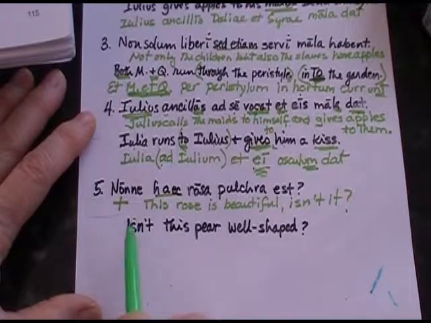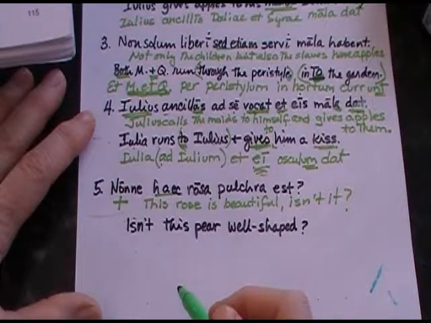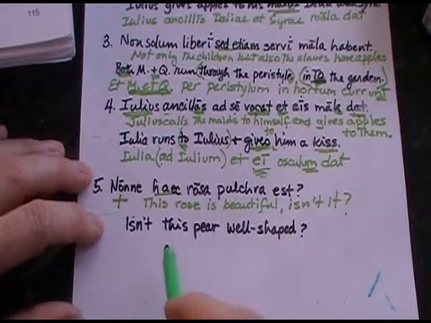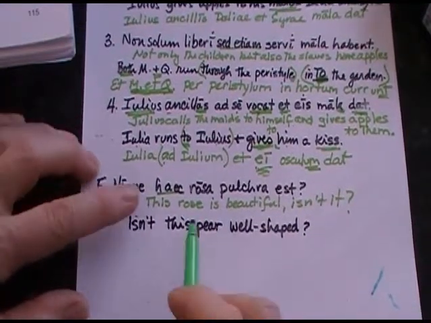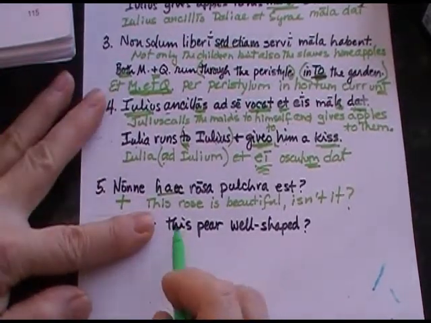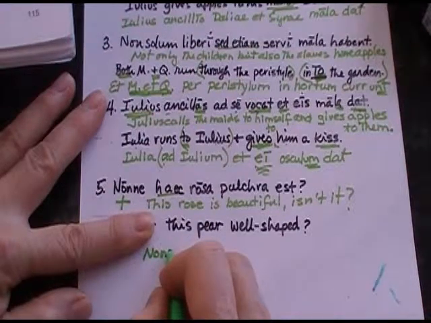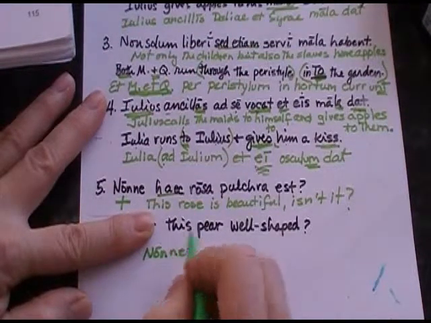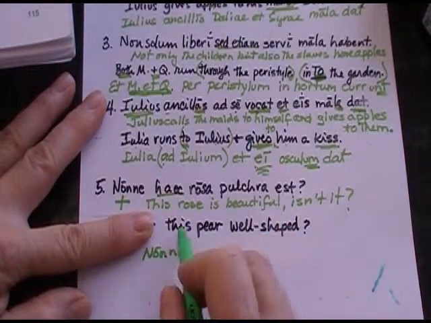Now what we have to do down here is translate this. Isn't this pear well shaped? And the speaker is thinking that yes, this pear is well shaped and wants you to agree. So for isn't, we're going to put the nonne, and then put this pear well shaped.